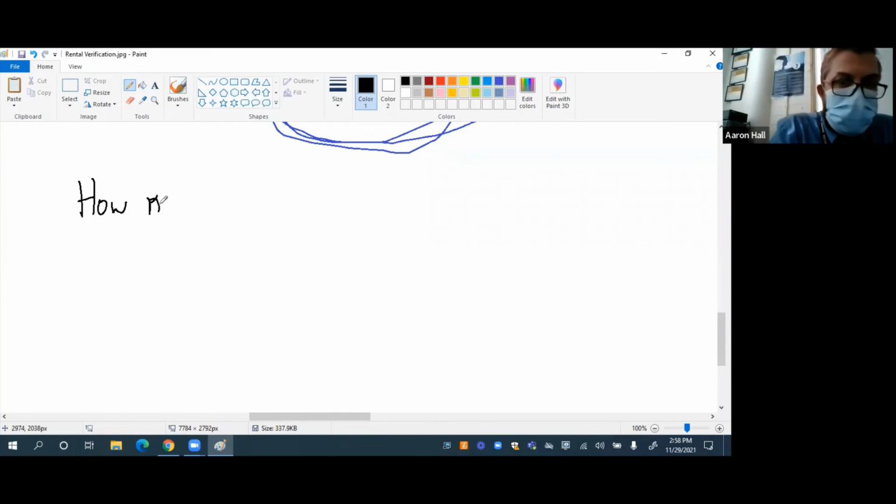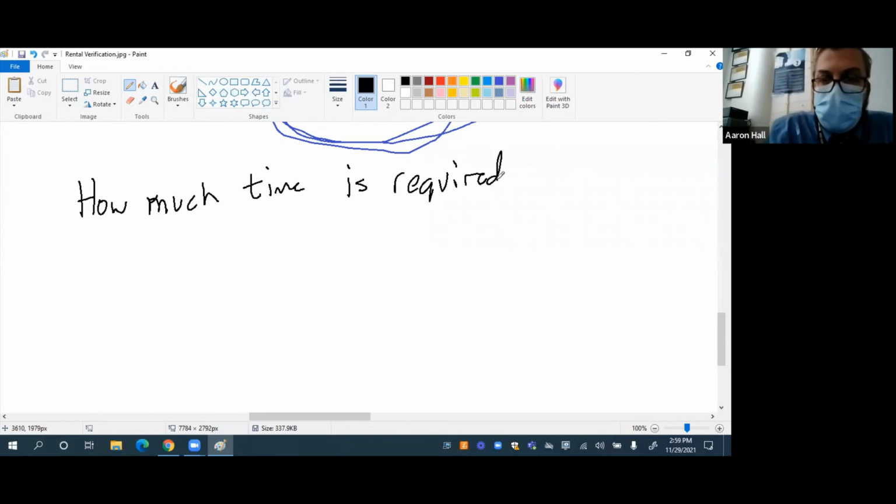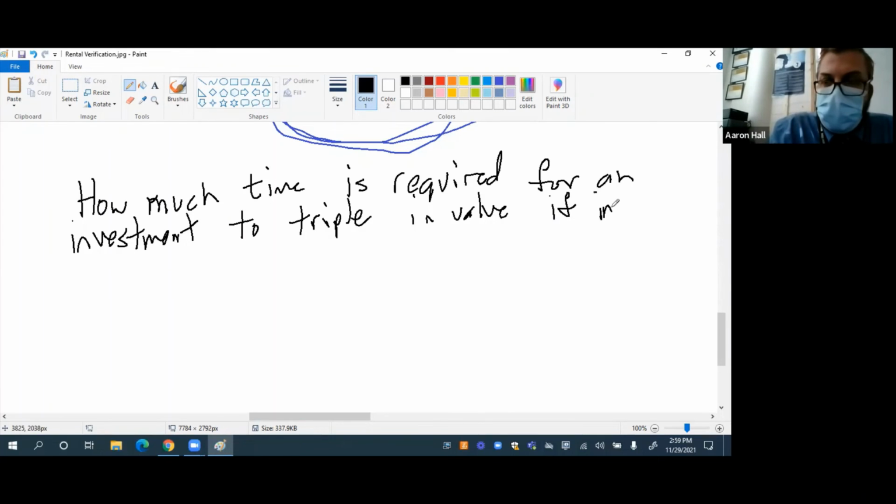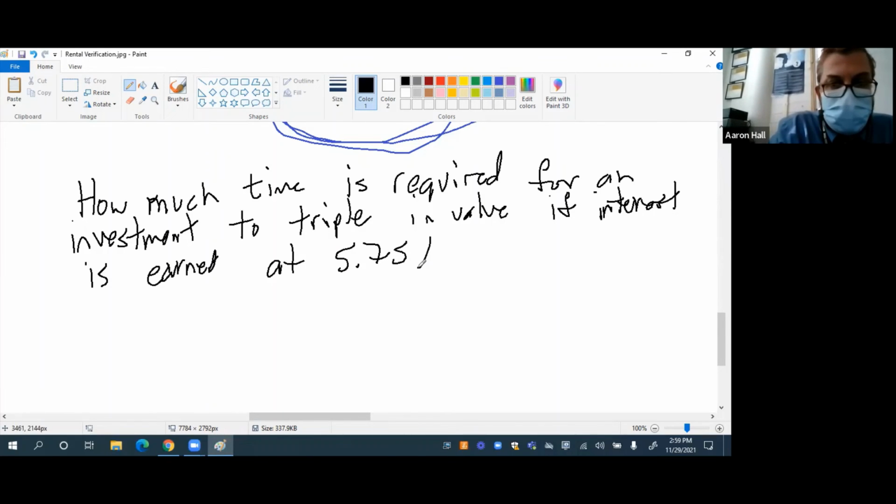So how much time is required for an investment to triple in value if interest is earned at 5.75% compounded continuously?